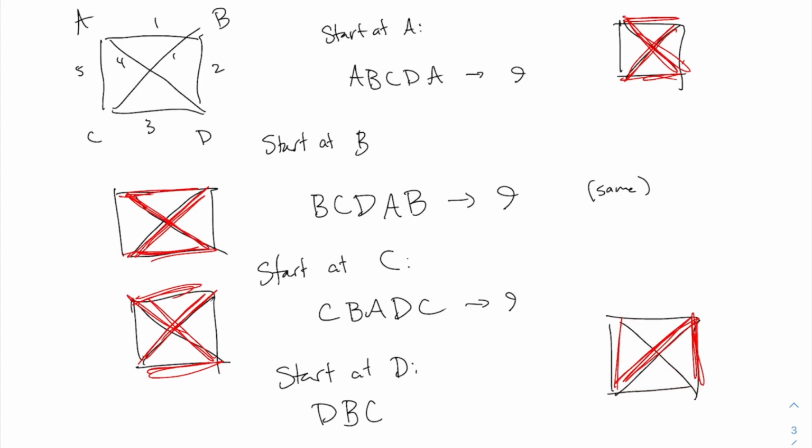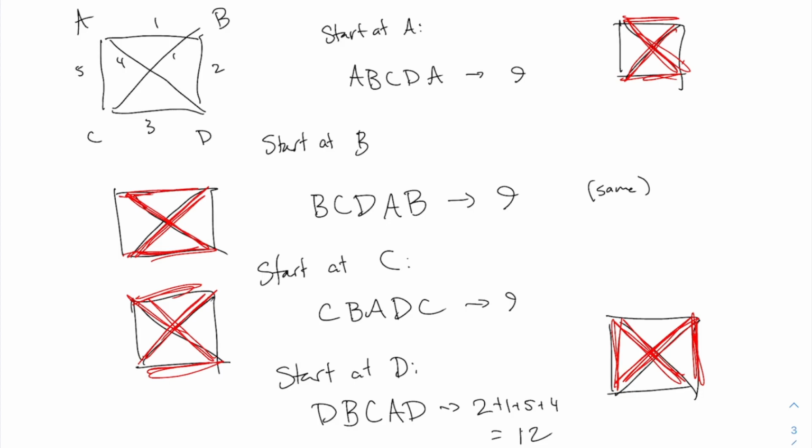So it's like this. All right. So it's D, B, C, A, D. And the weight of that, if you add those numbers up, is D to B is 2, then this 1, then 5, then 4. So 2 plus 1 plus 5 plus 4, which is 12, I believe. All right. So that is worse than the other 3.